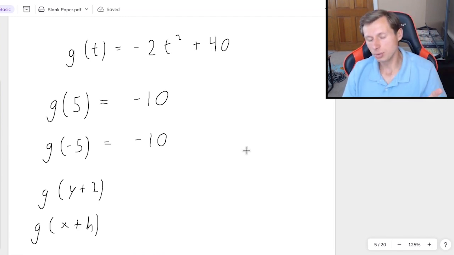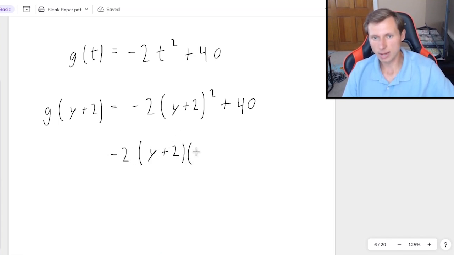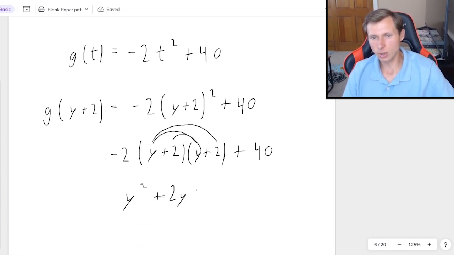Now the y plus 2 is going to be definitely more tricky. First, I just substitute a y plus 2 in where the t was, and just like before, I am going to write this out twice, y plus 2 times y plus 2, and I am going to FOIL this. So y times y is y squared, y times 2 is plus 2y. We get another plus 2y from the middle, and then 2 times 2 is plus 4. All of that needs to be multiplied by a negative 2 in front, and then plus 40.